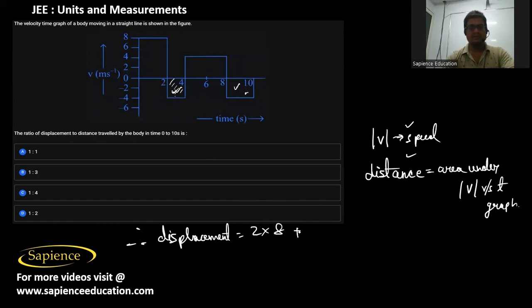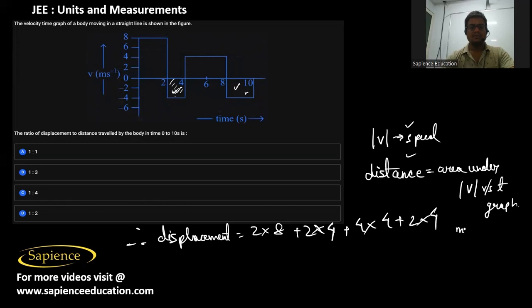So 2 into 8 plus this is also 2 into this length is 4. Here also length is 4 and width is 4, plus this will be length is 2 and width is 4.